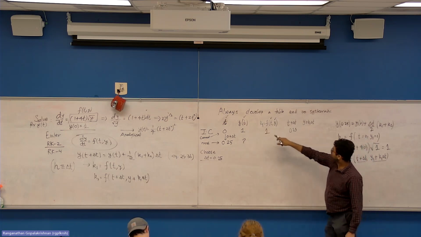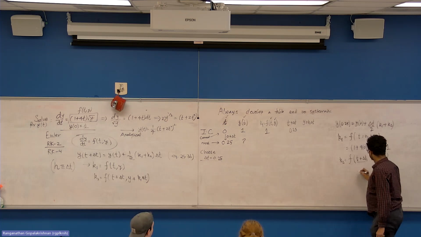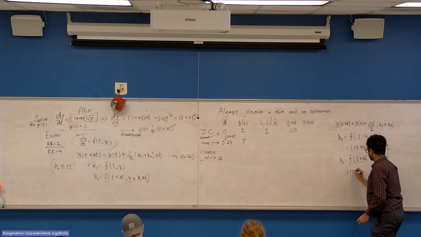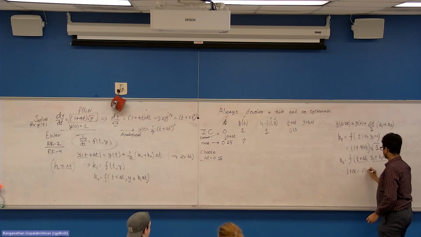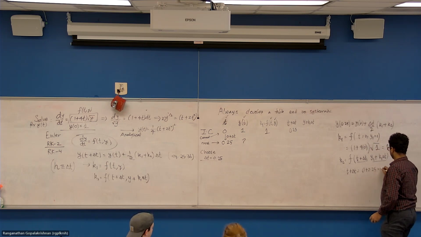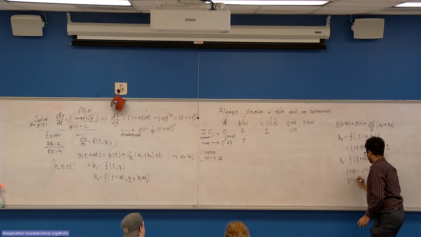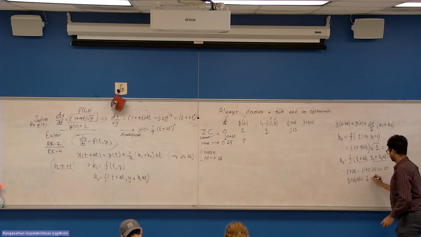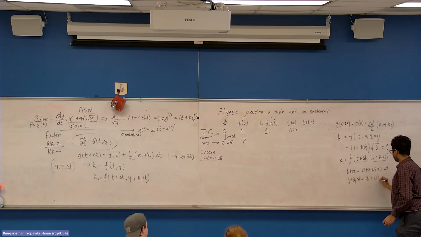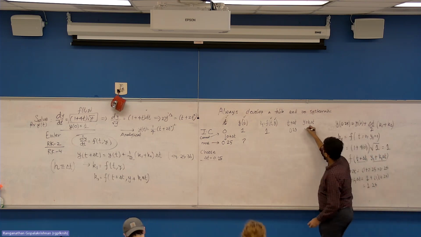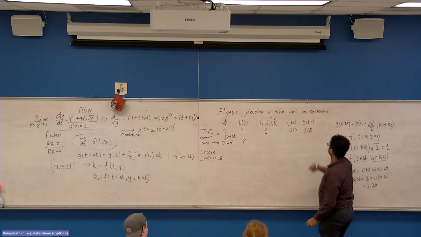So t plus delta t equals 0 plus 0.25 equal to 0.25, and y1 plus k1 delta t in this case is 1 plus 1 times 0.25, or this is 1.25.